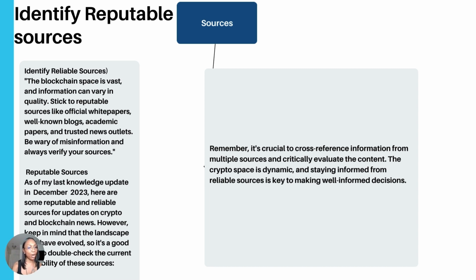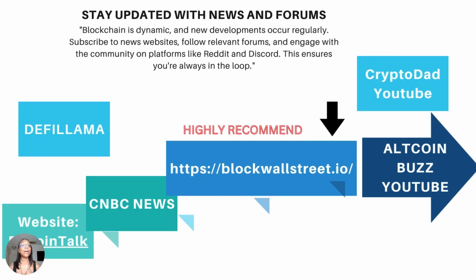Now, for the juicy part, stay up to date with the news and the forums, you guys. Always, always, always. If you're an on-the-go person and you have a 9 to 5 job, or if you're an entrepreneur and you don't really have time to check different websites and stuff like that, I suggest that you start interacting with your cell phone.